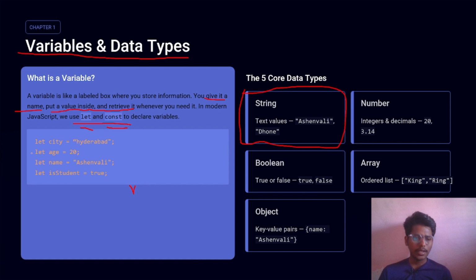Let's go to the example here. Here, let creates a variable. City is the variable name.